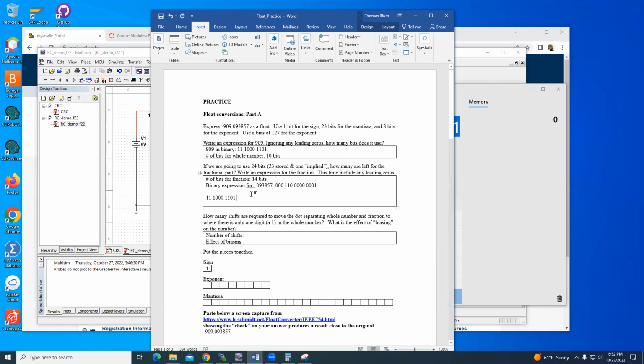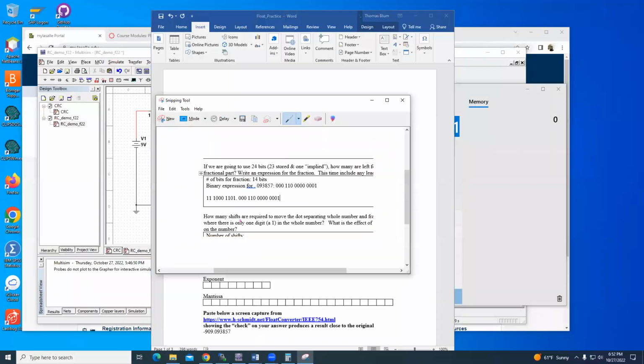With a dot and then this. My rules of scientific notation, or floating point numbers, are that this dot has to be moved up here. This dot has got to go there.